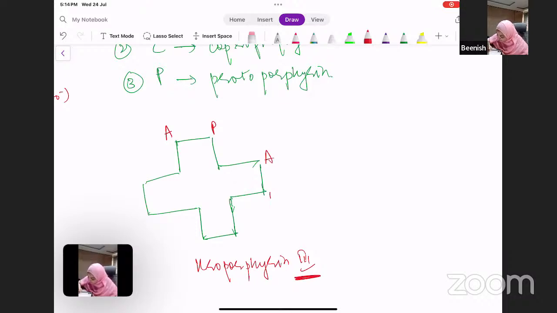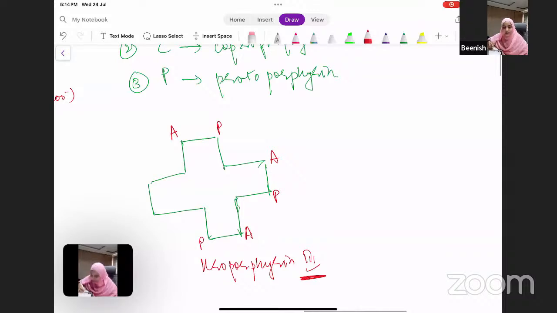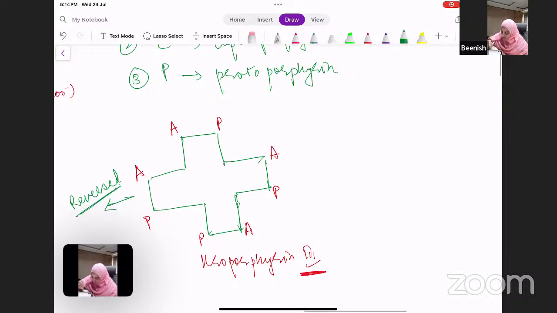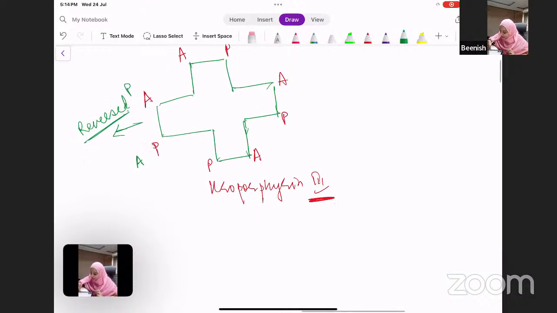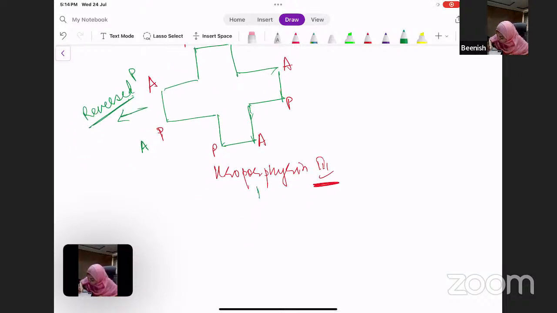Then again, you have A and P. Then you have A and P. And then you have P and A. So you see, the pattern here is reversed. If it was A and P, alternating, it would have been uroporphyrin 1. In uroporphyrin 1, your acetate and your propionate alternate. So in uroporphyrin 3, it is reversed.